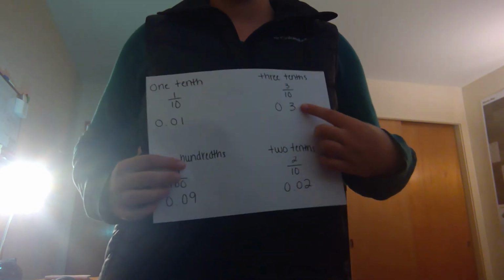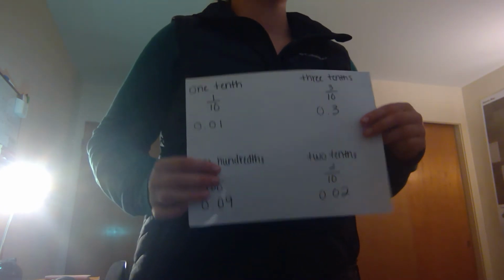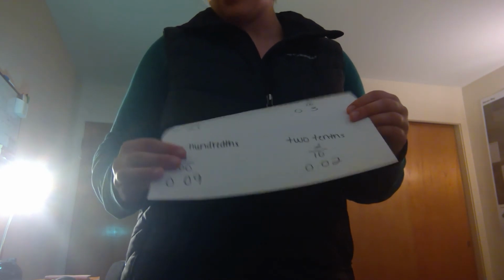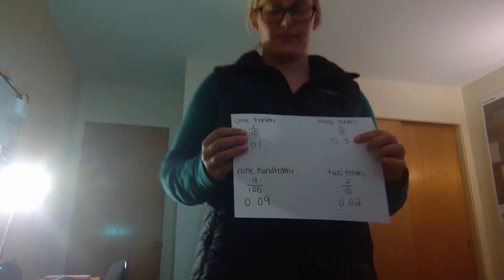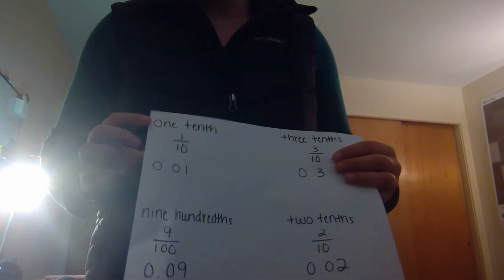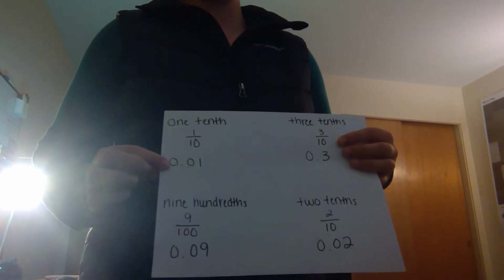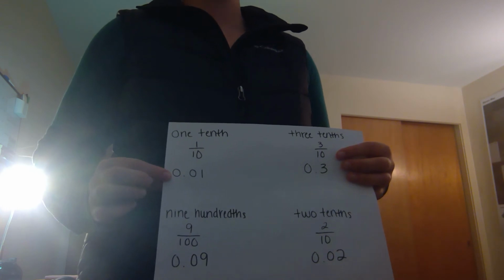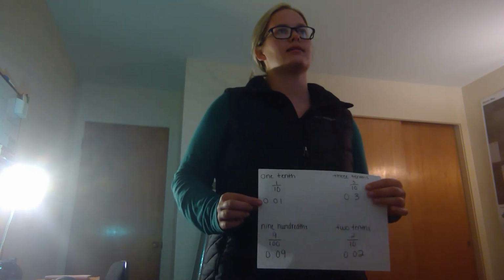Okay, with a partner, I'd like you to look at the two examples I have up here and tell me whether they are correct or not. Written out, my fraction is 1/10, and my decimal is 0.01. Is that correct?